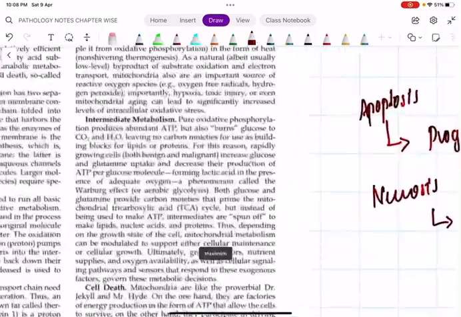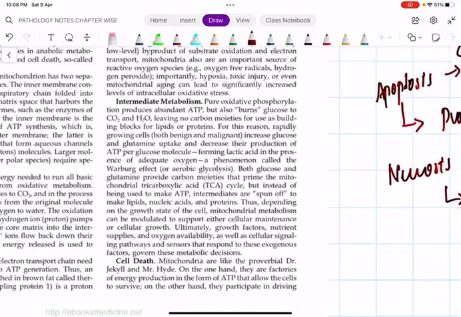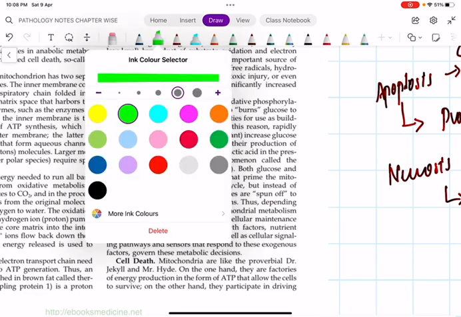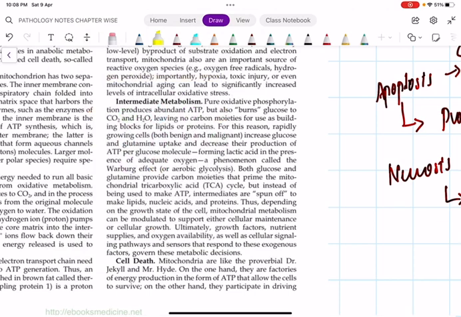Here comes a very important question. What is the Warburg effect? In cancer cells, there will be increased glucose and glutamine uptake and decreased production of ATP, resulting in the formation of lactic acid in the presence of adequate oxygen.